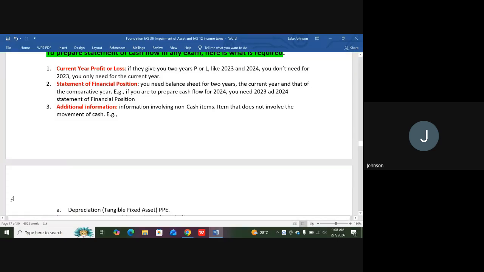E.g., if you are to prepare a cash flow statement for 2024, you need the 2023 and 2024 statements of financial position.